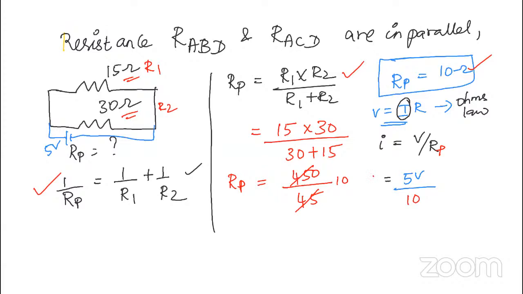Okay. So which is nothing but 5 by 10. It is 0.5 ampere. Right. So this is the option. Yes, it is A. Option A is the right one.